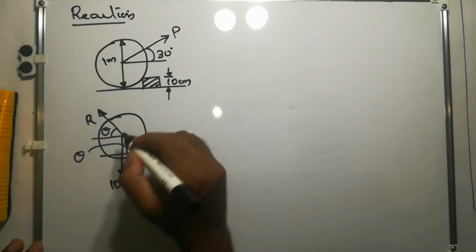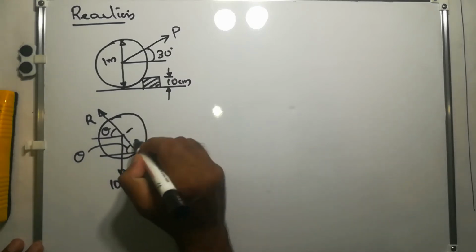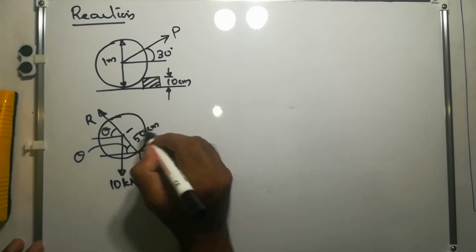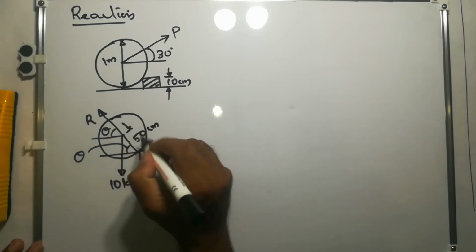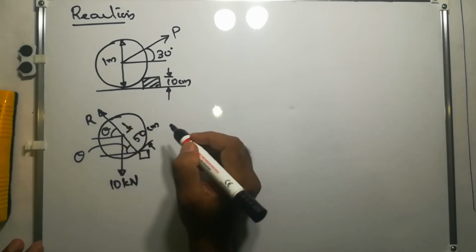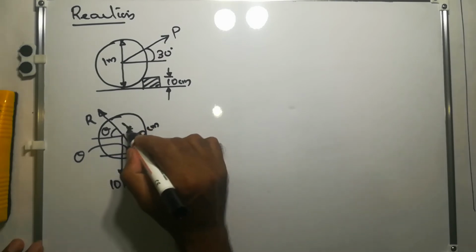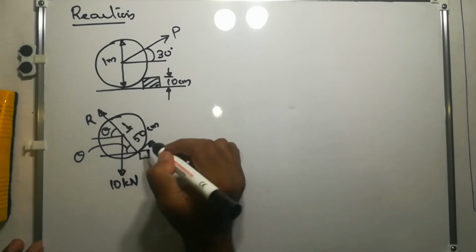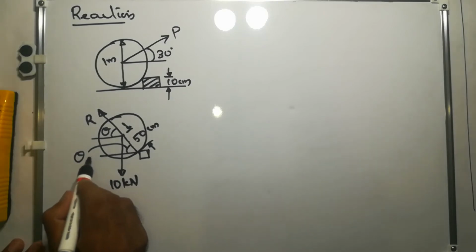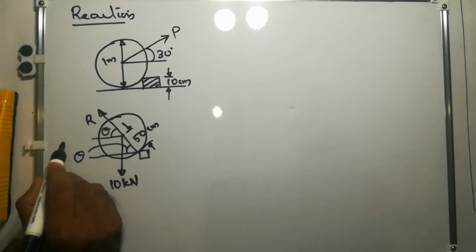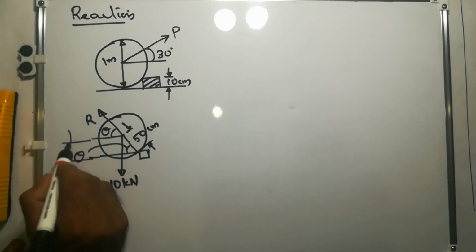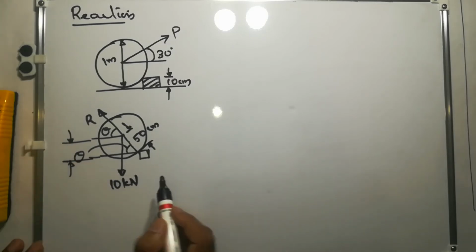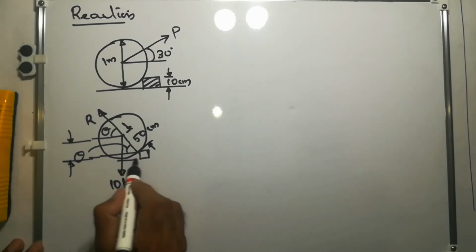Now this distance is 50 centimeter because the diameter is 1 meter, 100 centimeters, so the radius will be 50 centimeter. And this distance will be, how much will it be?